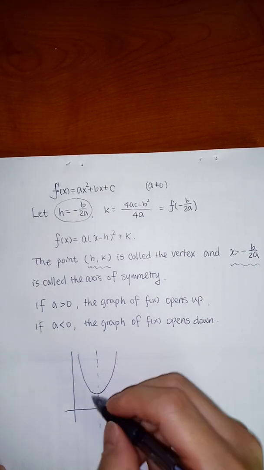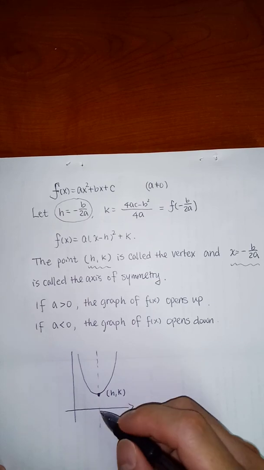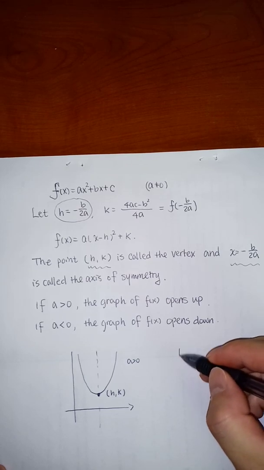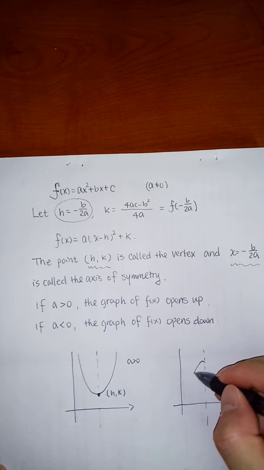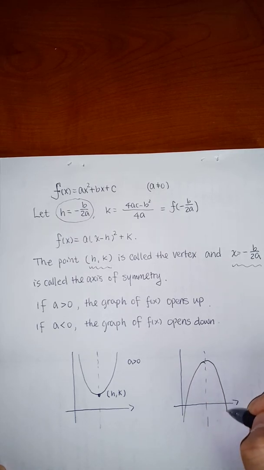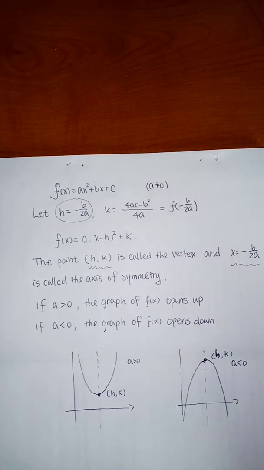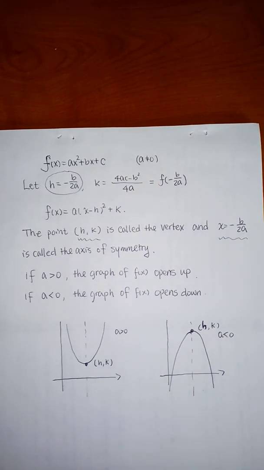Assume you have them. Then this point is (h, k), and this is the axis of symmetry, and this is case 1, a is positive. This is case 2, a is negative. Okay, so this is the general case.